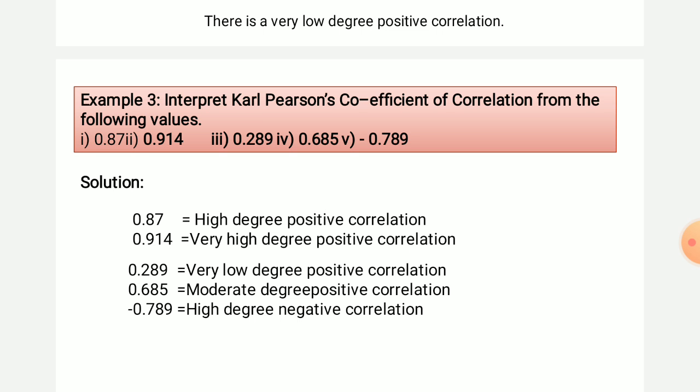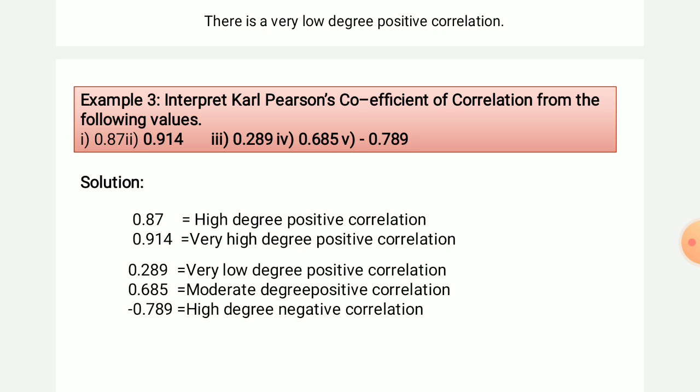And then 0.789 has a minus sign. If there is a minus sign, then we say negative correlation. Since the value is 0.789, we call it high degree correlation, because high degree correlation lies between 0.75 and 0.90.